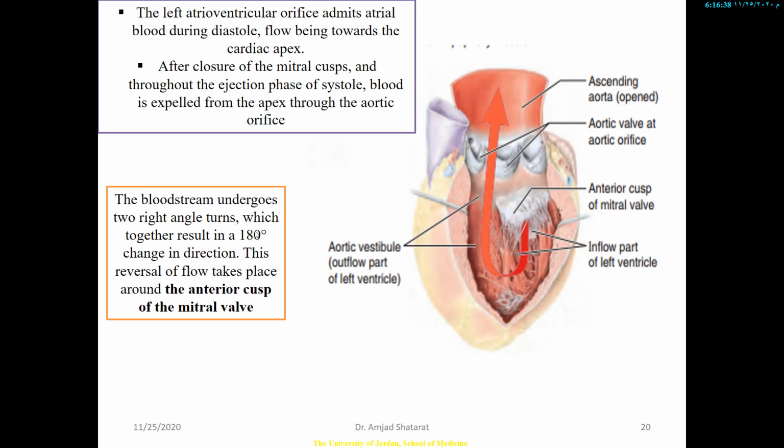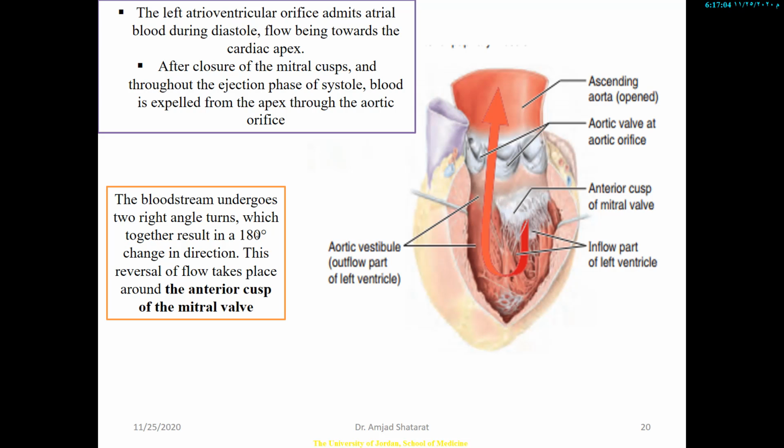They are guarding high pressure compartments, in this case the right atrioventricular orifice and the left atrioventricular orifice, the left ventricle and the right ventricle.